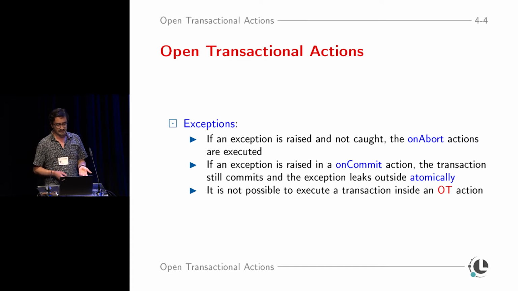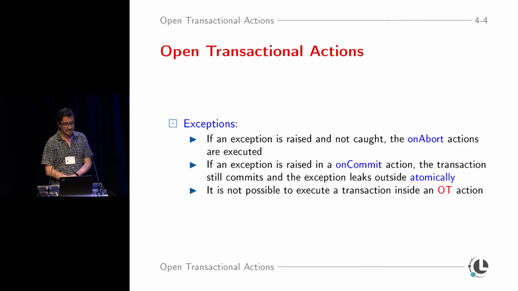So the idea is that we still commit the transaction, but we raise an exception to say that something went wrong. And also, it's not possible to execute transactions inside of OT actions. If you try to do that, the runtime system raises an exception.